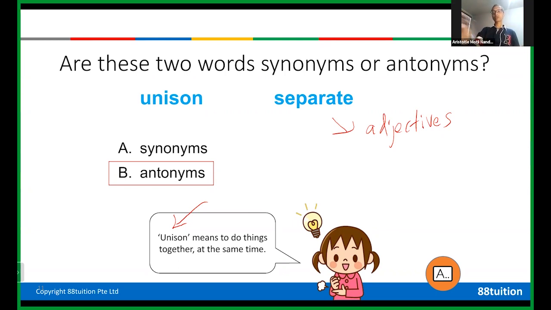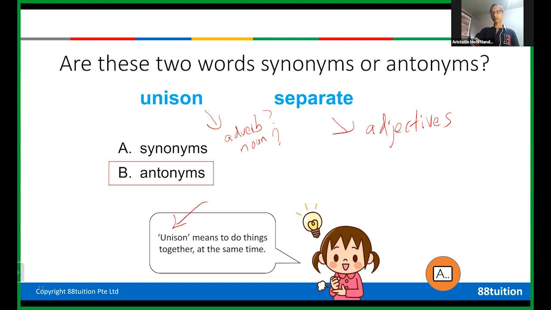No. So it's not an adjective. So I would like you to find out whether unison is an adverb or a noun. It can't be a verb because it's not doing anything. Unison. Okay, let me check it out.